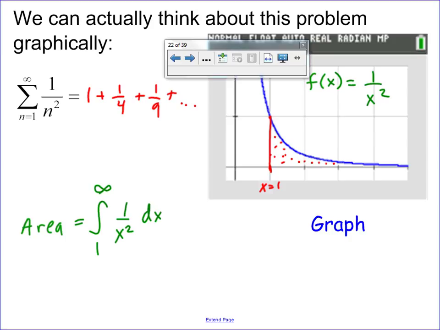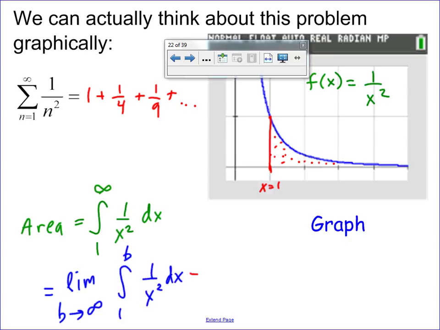Now that we're in BC, we have the tools to handle that. We investigate this improper integral using limits. Our tool from day 1 back in AB is now coming back to us. We can rewrite this as a limit as b goes to infinity of the integral from 1 to b of 1 over x squared dx.